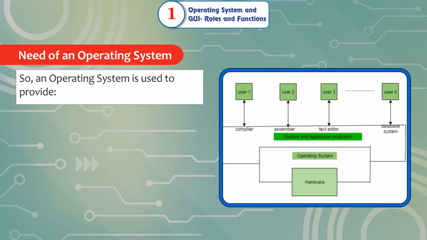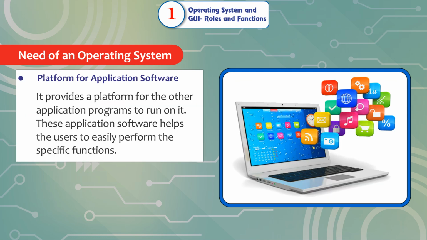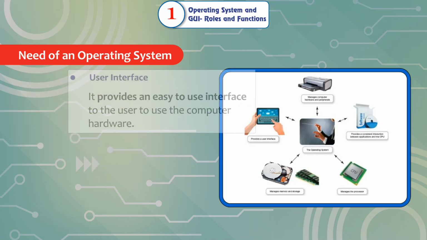So, an operating system is used to provide a platform for application software. It provides a platform for the other application programs to run on it. These application software help the users to easily perform the specific functions.